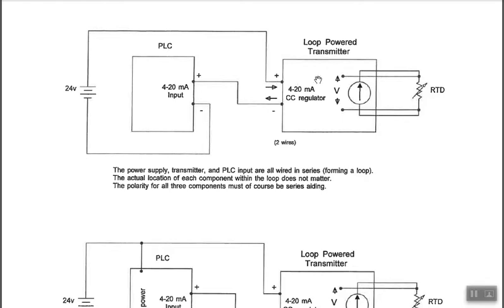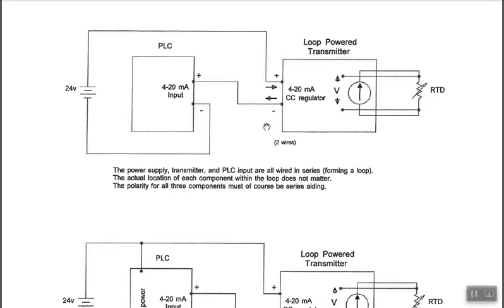So yeah, it's a very low power design, and the only power it can steal is from whatever current is running through the loop. It'll steal some of that power to run its own circuitry. So it's a pretty cool trick. It might be known as a 2-wire transmitter. It might be known as a loop powered transmitter. It's stealing its power from the current loop.